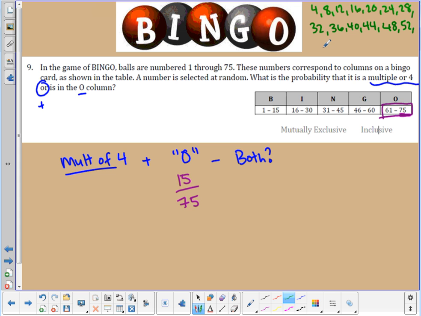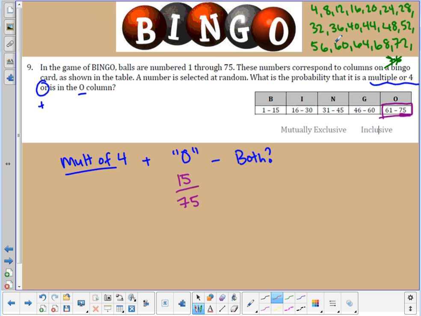See, I'm almost there already. 56, 60, 64. I'm just counting by fours until I get up to 75. 64, 68, 72. The next one would be 76, but I don't have a 76 in my bingo cards, so I stop there.